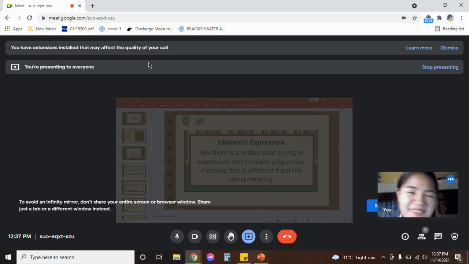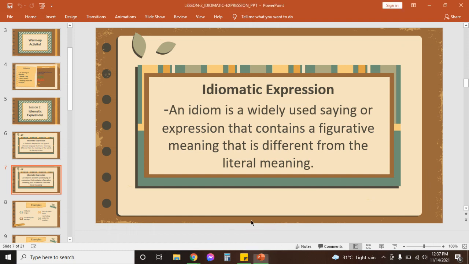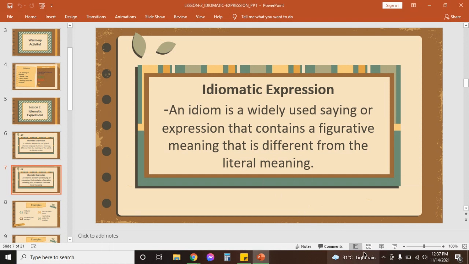It seems that my signal is unstable. I have a hard time coping with this signal of mine. Okay, let's proceed now. Can you see it? Is the screen visible?